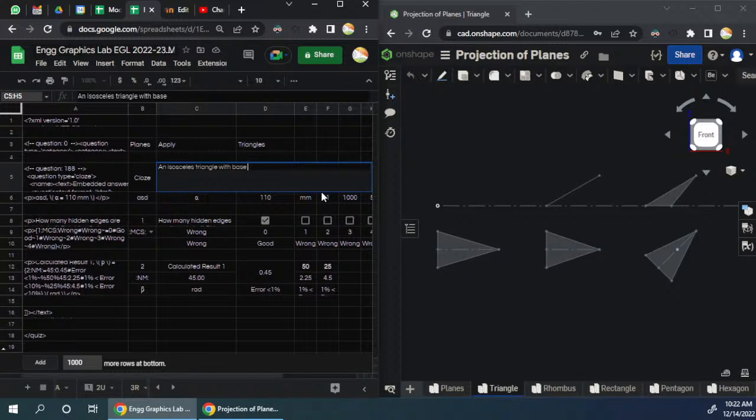All right, so given data, this is where the given data is going to start. So base length, we're going to just mark it as b and height h. An isosceles triangle with base b and height h is resting with its base on HP.